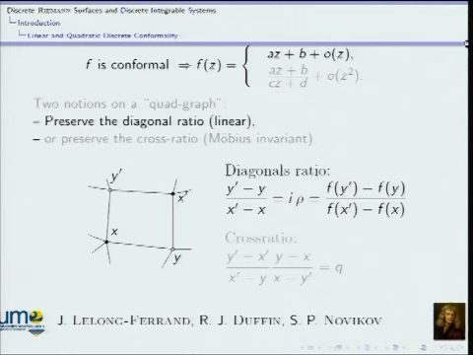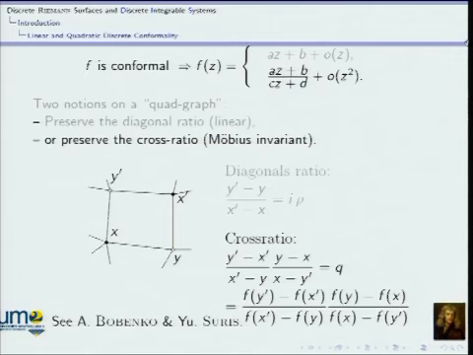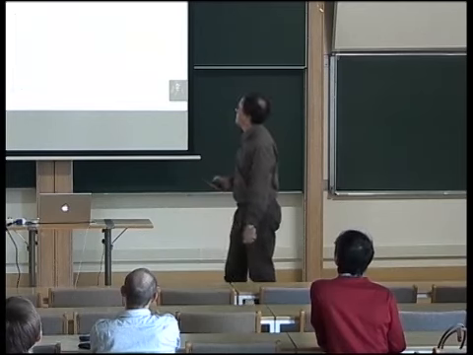Actually, there is a quadratic version of that. If you look at conformal functions in the quadratic term, then you'll see that a function is conformal when it's locally a Möbius transformation.